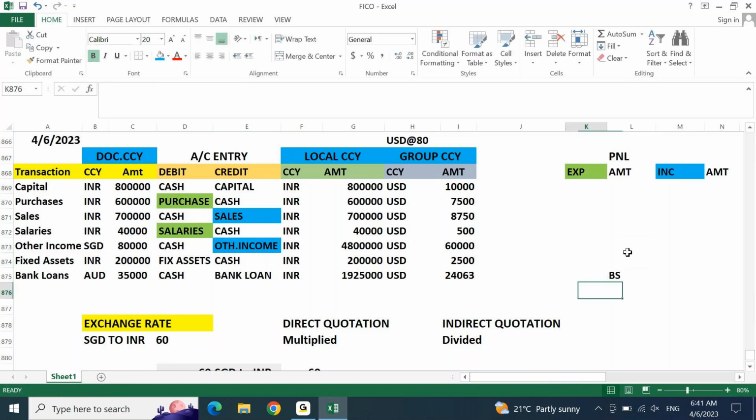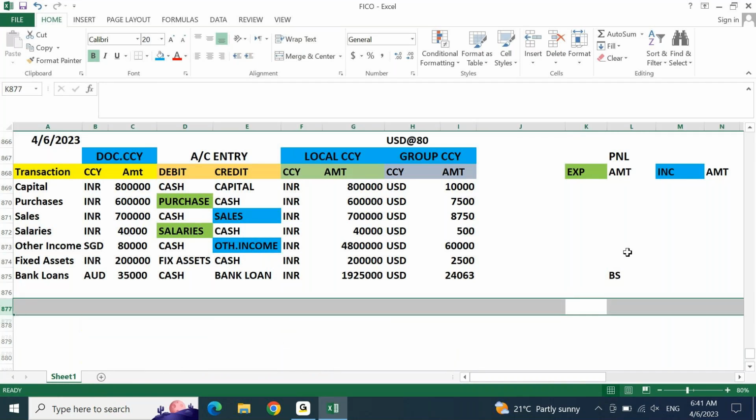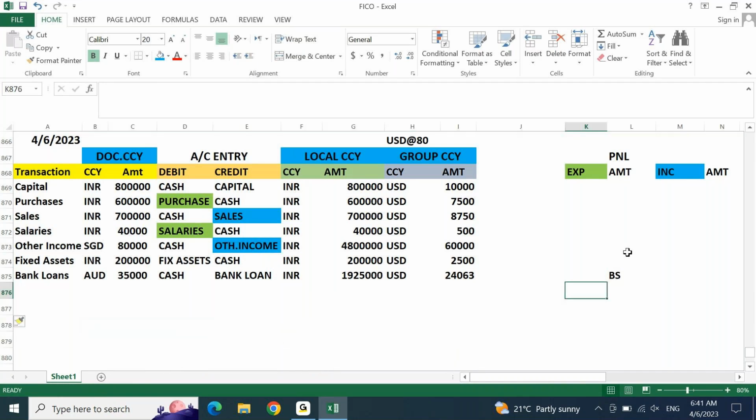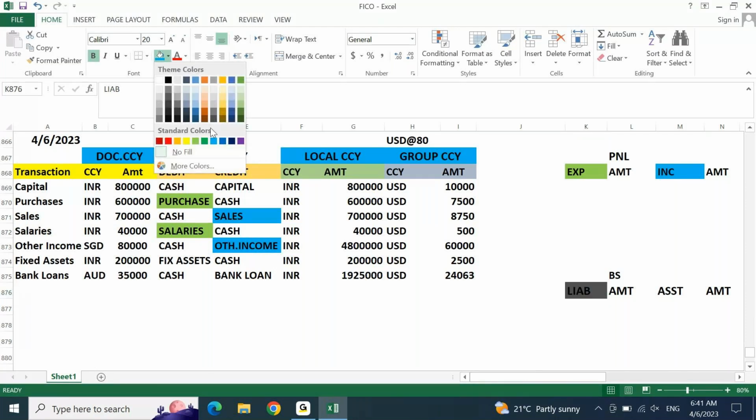Next one, we have to prepare the balance sheet. In the balance sheet, you need liabilities and assets. Liabilities amount. Okay, all the liabilities, let us highlight with yellow.